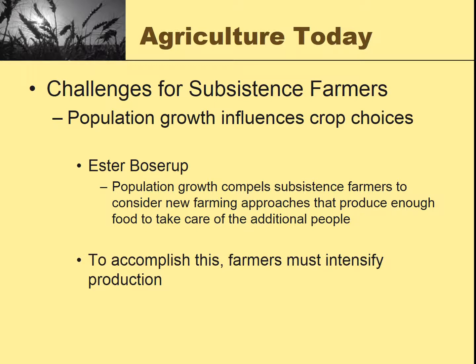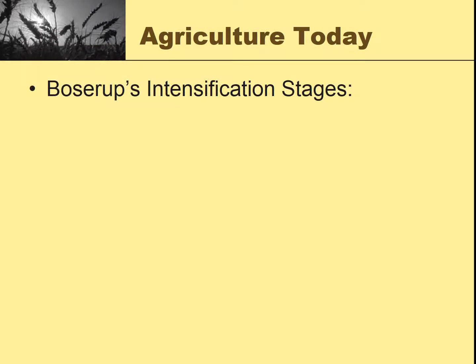And to accomplish this, farmers must intensify production in some way. This is what's called Boserup's intensification stages.